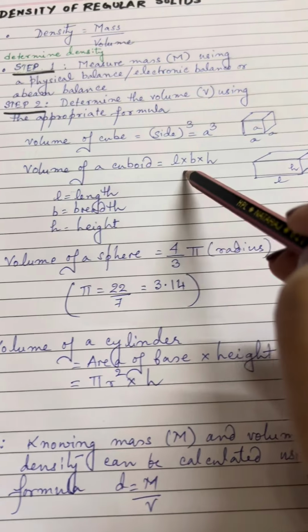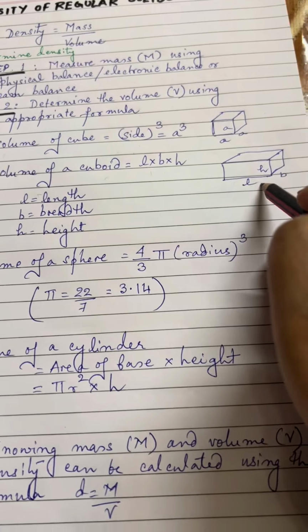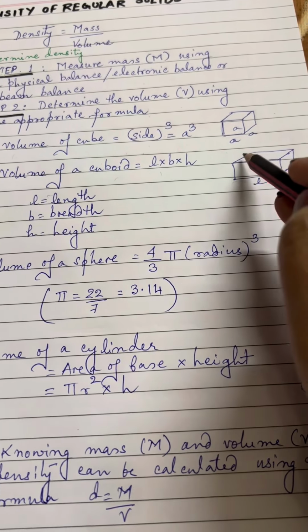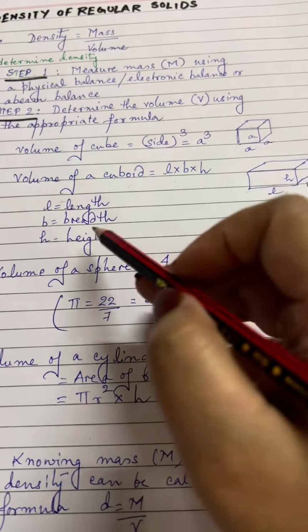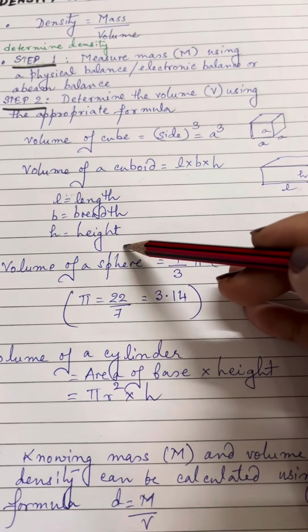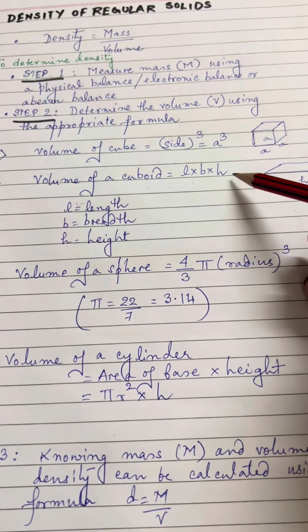Volume of a cuboid. Now, cuboid is a 3-dimensional structure where length, breadth and height are all different. So, if we take length, breadth and height as l, b and h, then we can write it as l into b into h.